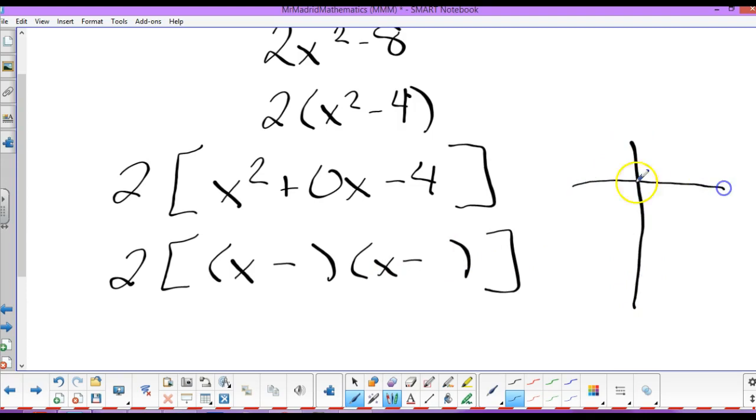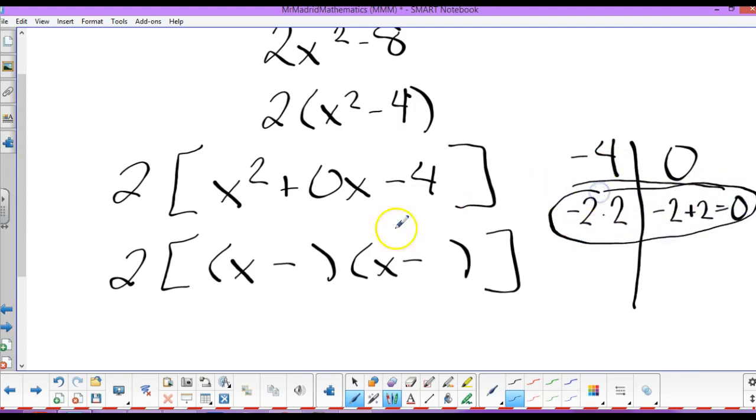So to prove it, let's go ahead and put a negative 4 here and a 0 there, right, from here. And I'm going to go ahead and go with negative 2 times 2, which is negative 4, and negative 2 plus 2 gives me 0. Okay, so I have my winning combination, negative 2, positive 2, and there it is. Guys, thank you for your time. See you tomorrow.